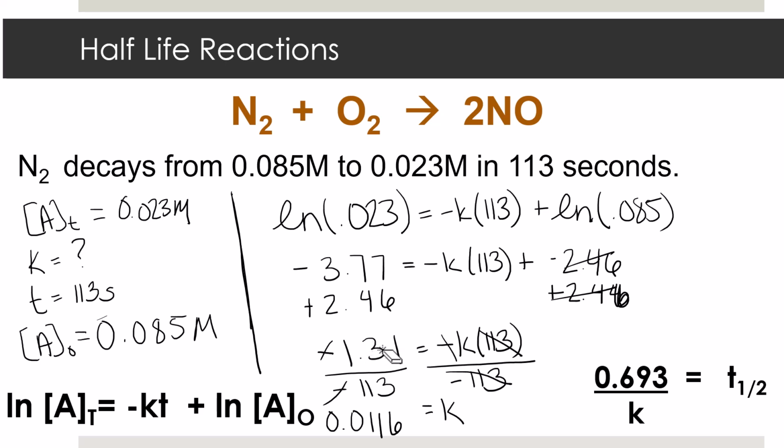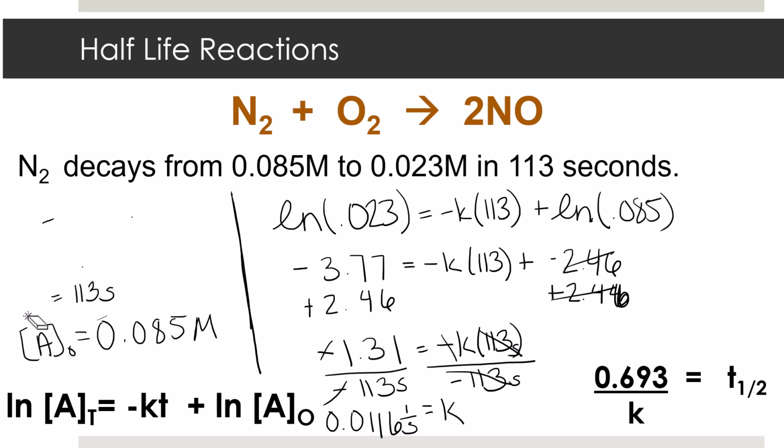The 1.31 is a unitless number, and this 113 has the unit of seconds on it. So the unit for k is 1 over seconds. That's the first step of the problem. We used the integrated rate law to solve for k.